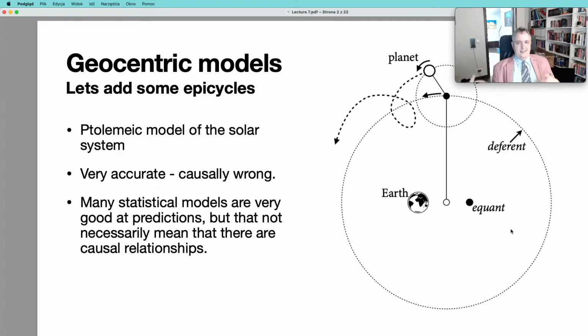Why? Because it's, in a sense, a representation of the movement as a Fourier series without using Fourier analysis. So this approach led to good results, but of course it does not represent the causal relationship of what we observe and what is factually going on.